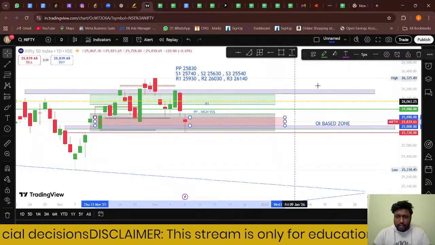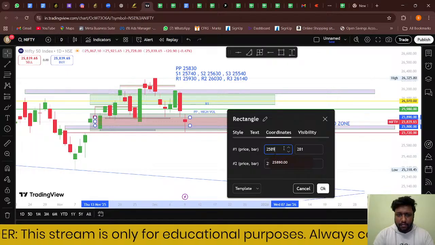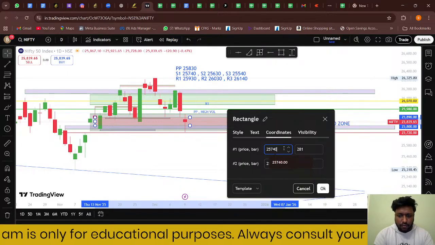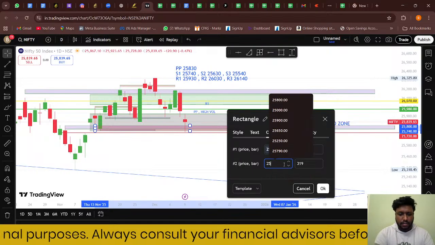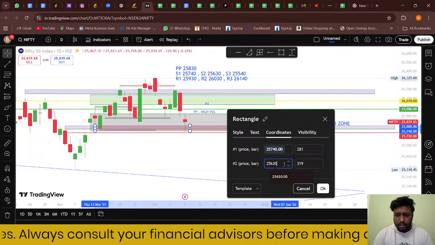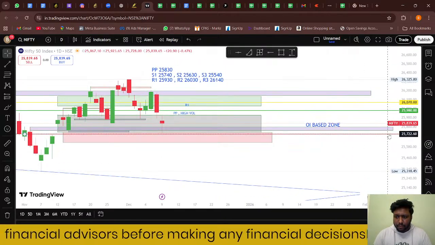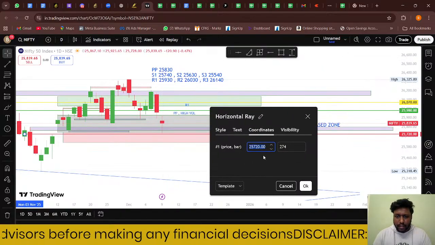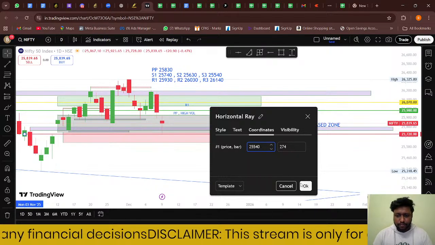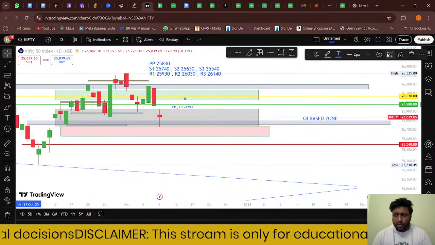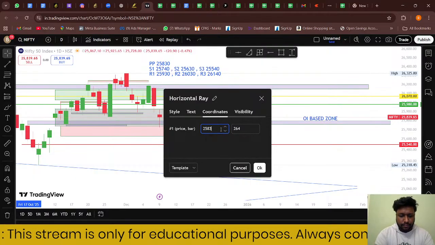And on the bearish side, if we see support 1, which is at 25,740, and 25,630, we'll mark the third support as well here, 25,540, and the pivot line lies at 25,830.